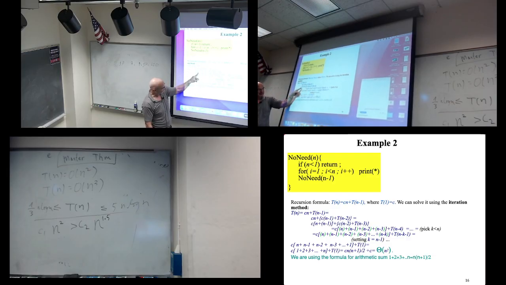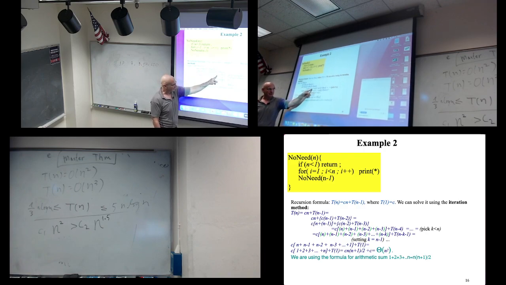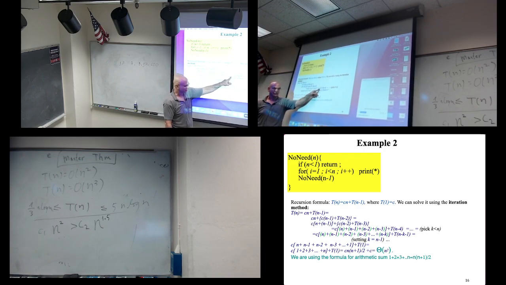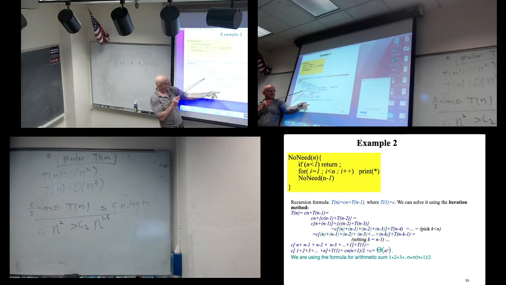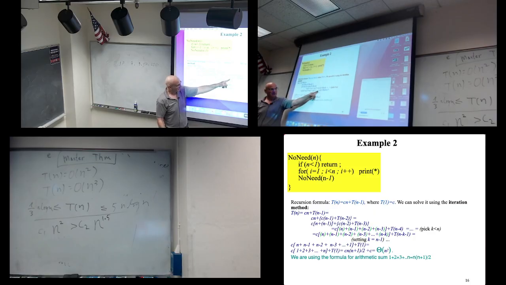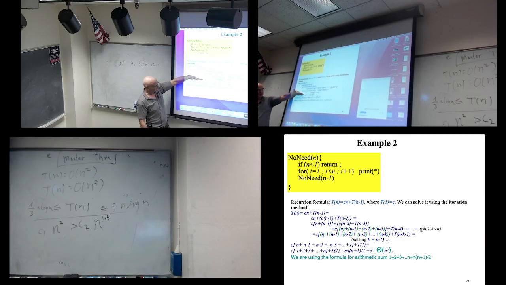You're getting c times n plus n minus 1 plus n minus 2 plus n minus 3, and so on, all times the constant, for the stars that you printed so far, plus you're calling yourself recursively with n minus k. And that will be true for any k that is smaller than n.